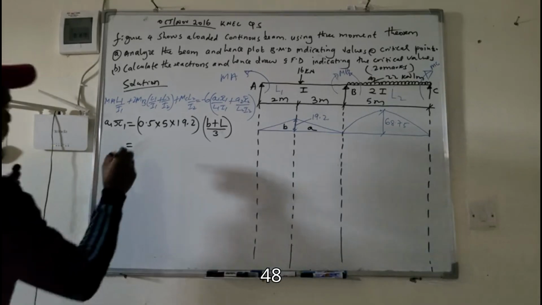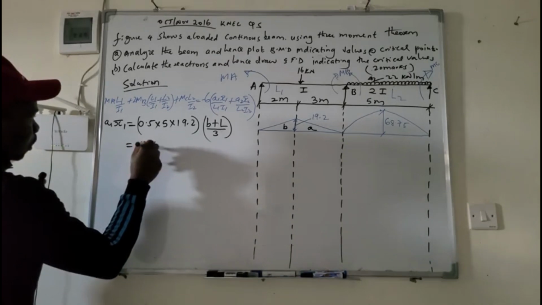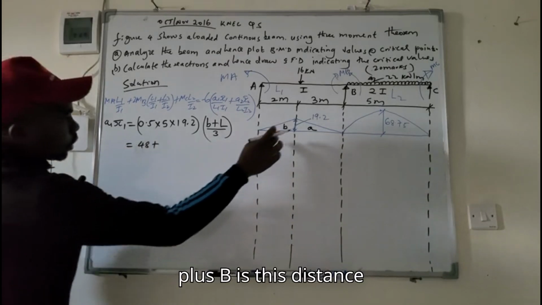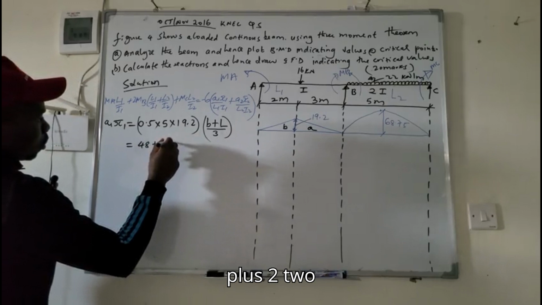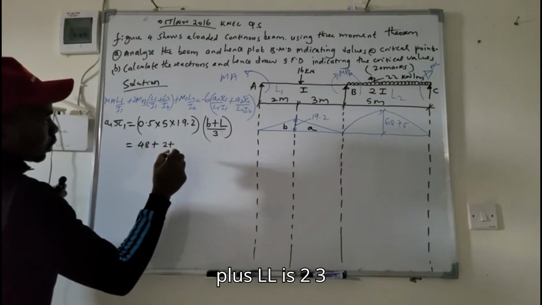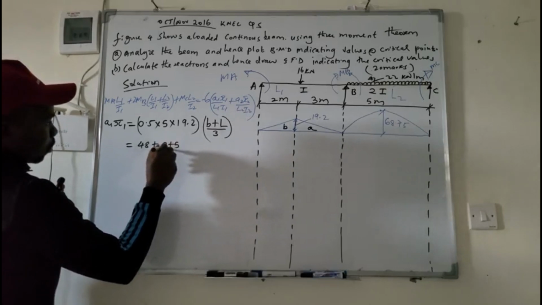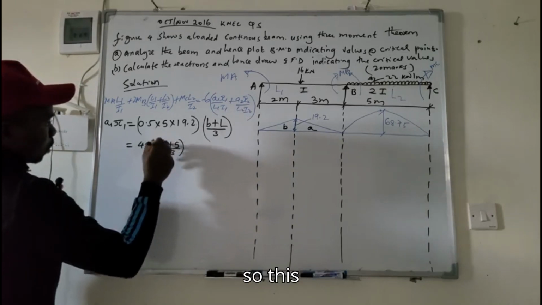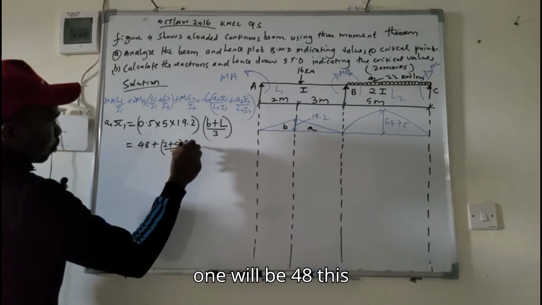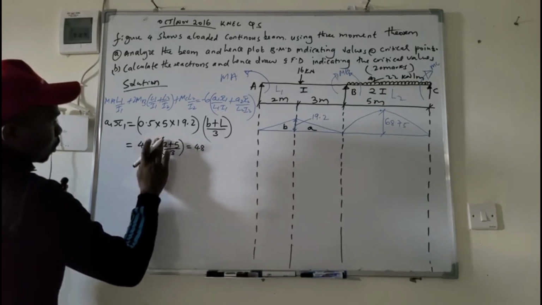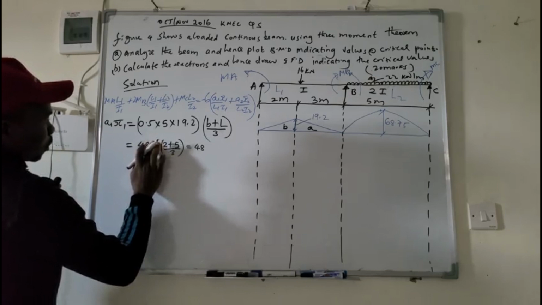So it will be 48 times, not plus, b, which is this distance 2, plus l. L is 2 plus 3.